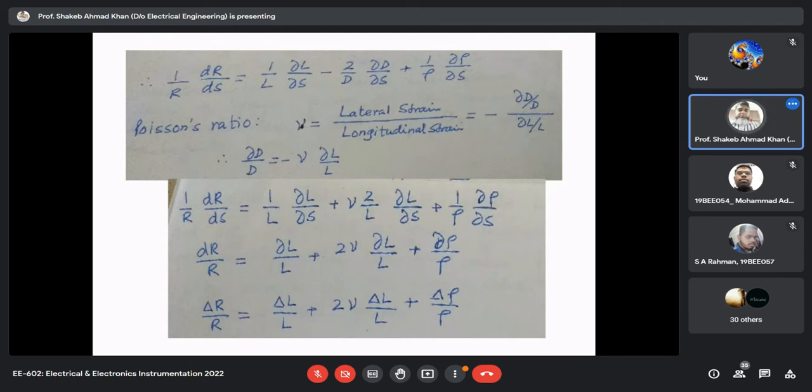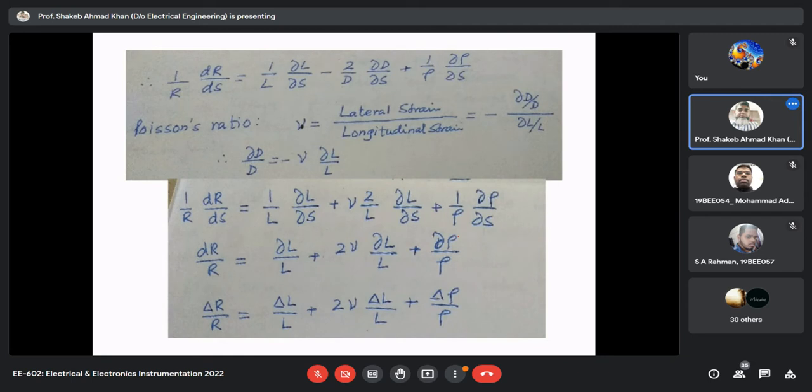The fractional change in resistance of a strain gauge is equal to the fractional change in length times 2 times Poisson's ratio, plus the fractional change in length again, and then plus the fractional change in resistivity.